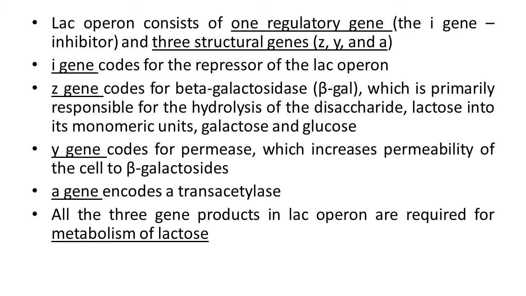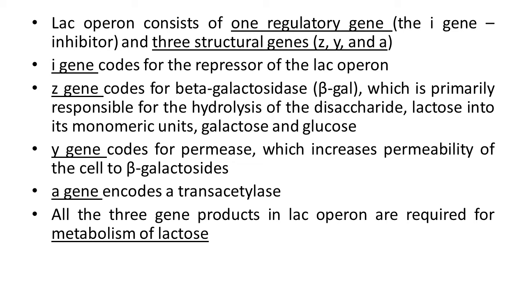Its breakdown takes place and two units, galactose and glucose, are formed. The small y gene codes for permease, which increases the permeability of the cell to beta galactosides. So the role of the Y gene is to increase the permeability.